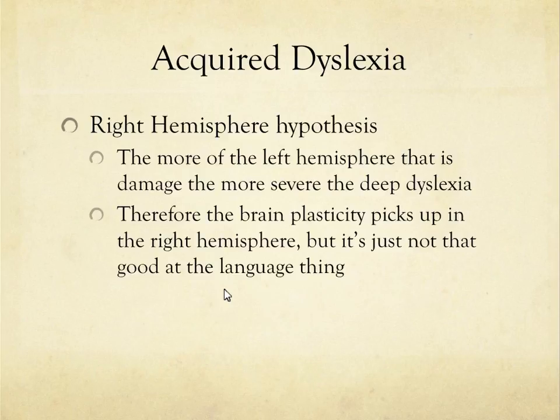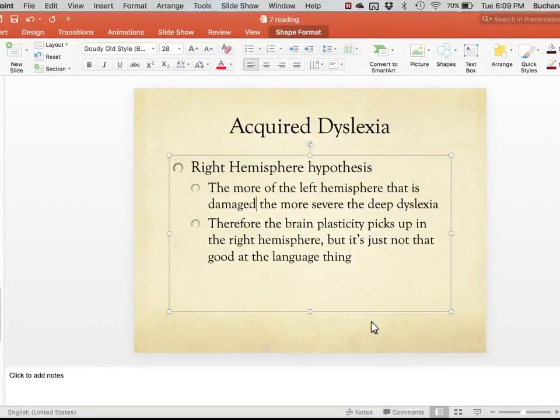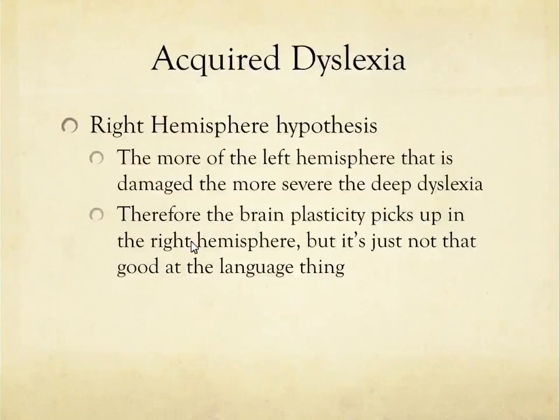So to explain this, there's a theory called the right hemisphere hypothesis. And I just am having trouble with the past tense words here in this set of slides, but the more the left hemisphere that's damaged, the more severe the deep dyslexia. Remember, left hemisphere is mostly language based.